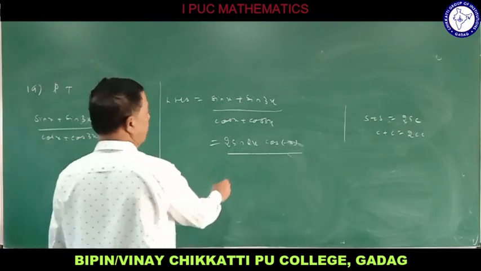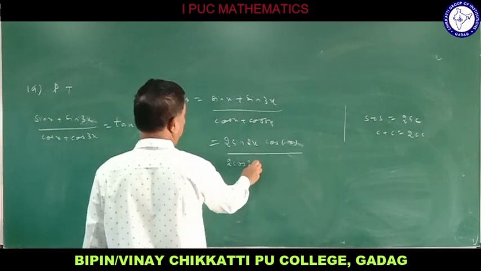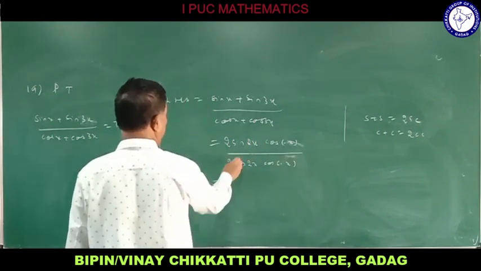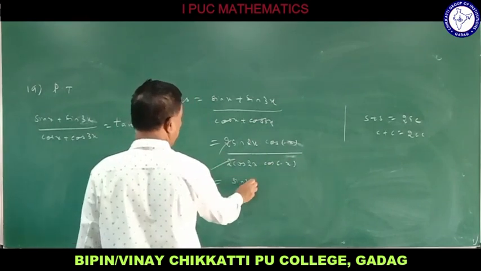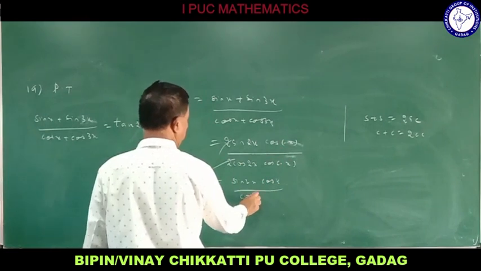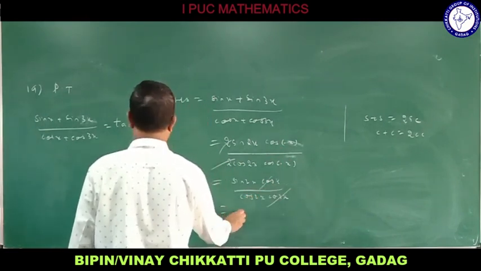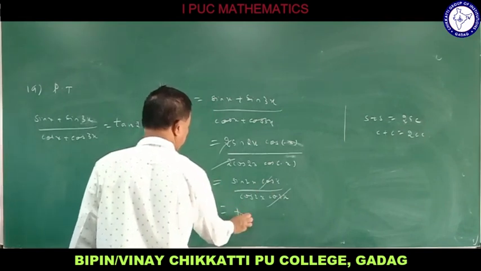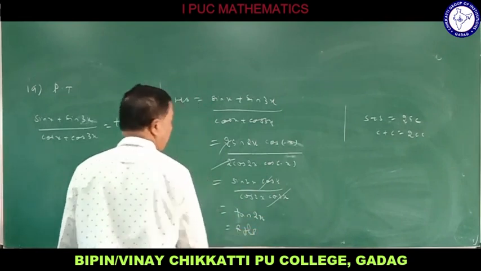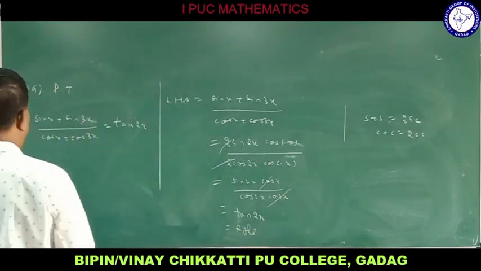Here also, 2 cos 2x cos of minus x. So sin 2x, cos of minus x is cos x, and cos 2x, and cos x cancels, so you are getting tan 2x. So this is the RHS. I hope you understood how to use the transformation formula.